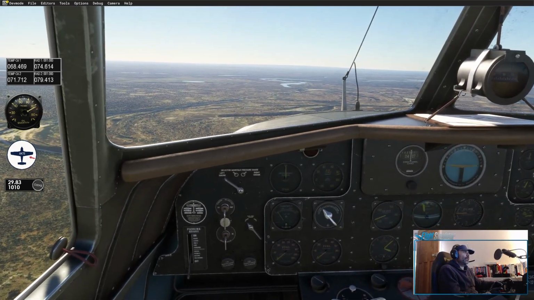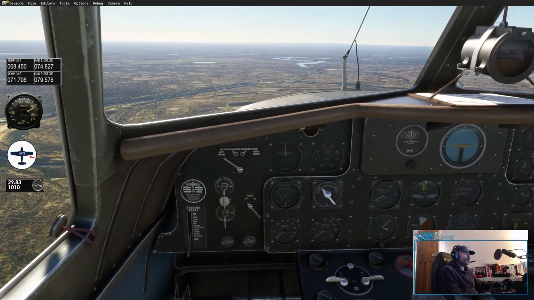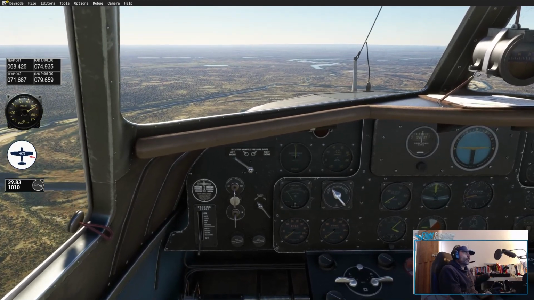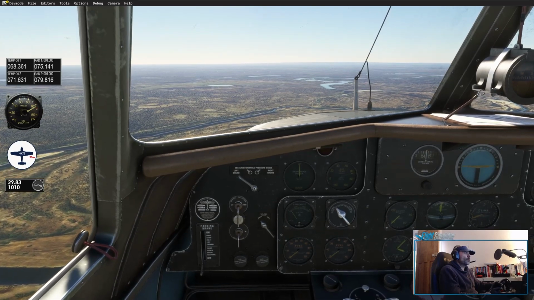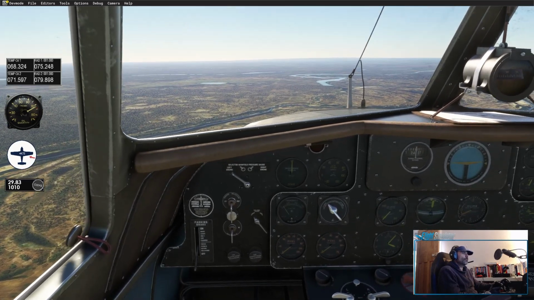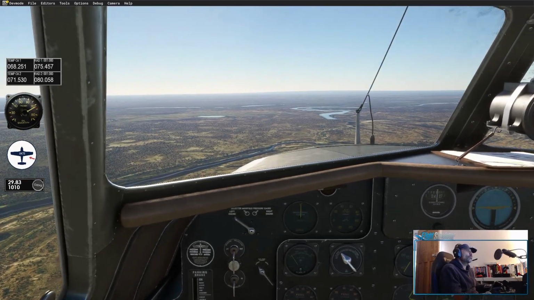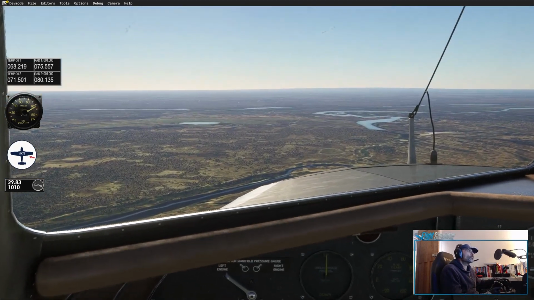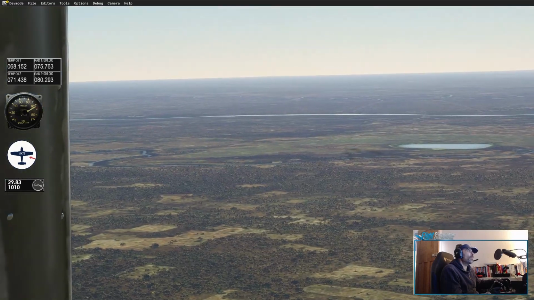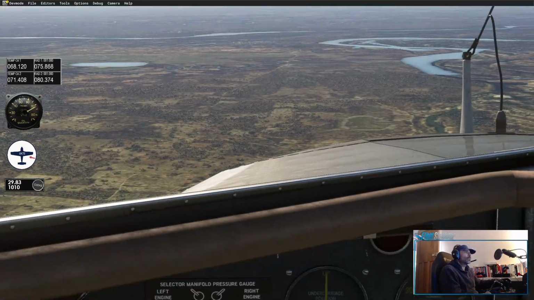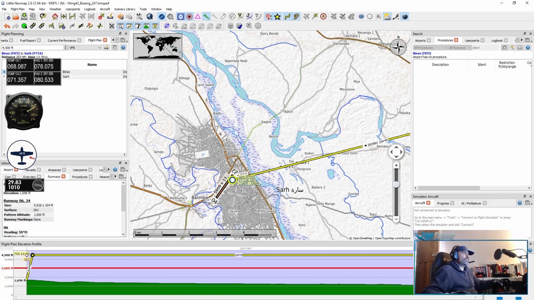I'm going to start getting down. And as always happens, I have no idea where the runway is. Across the river and it's there.